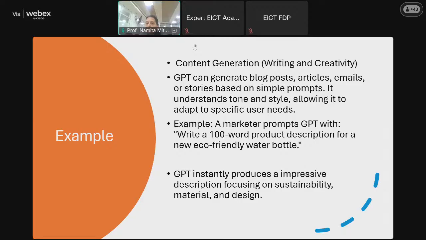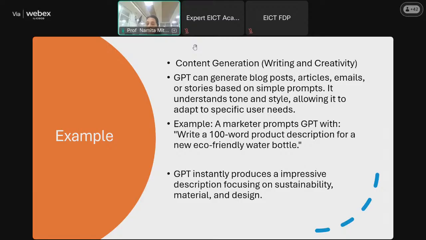A marketer prompts GPT with: write a 100-word product description for a new eco-friendly water bottle. This prompt is very clear. It says we need a 100-word description about the product, and the product is a new eco-friendly water bottle. So many things have been included, and every word here will have an embedding, and that embedding will be part of the training data that is already there.